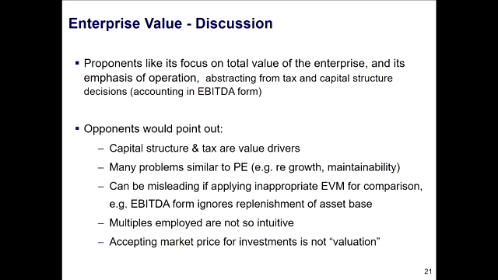Just make sure you compare apples to apples. There are other problems with the enterprise value multiple, similar to the problems of using PE valuation, that it's hard to build your judgment of the company's growth prospect into there.